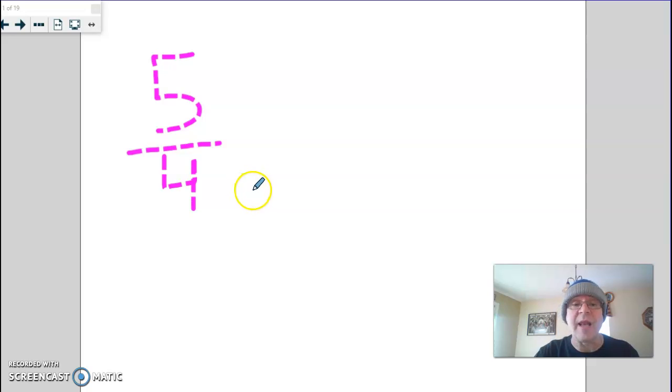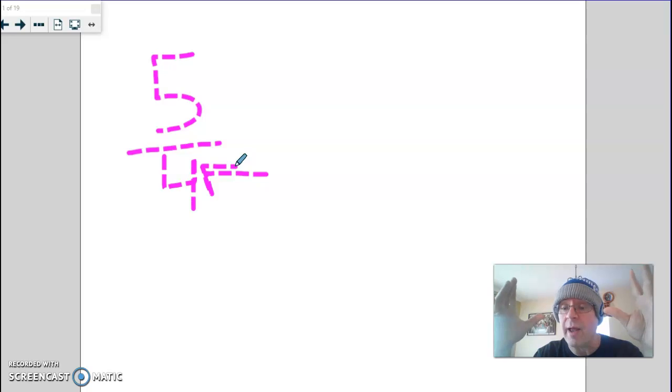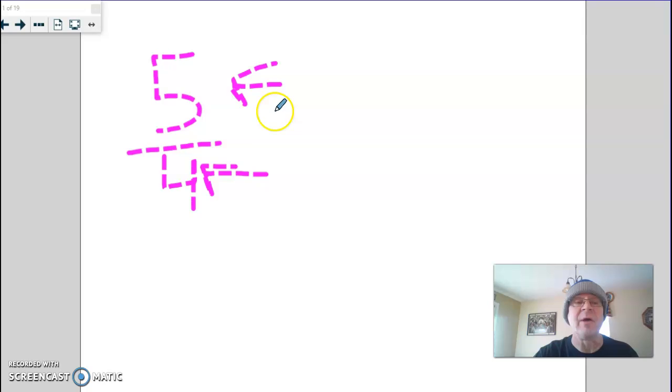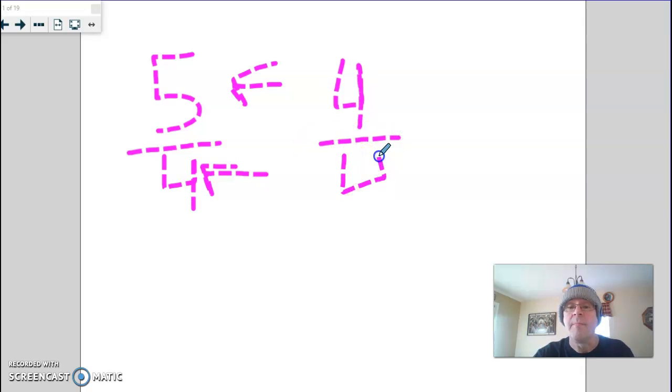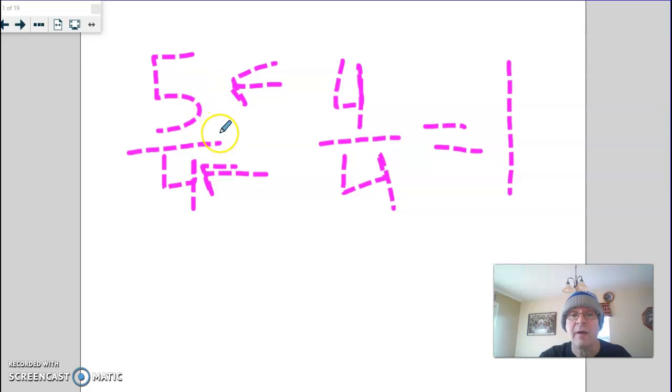Now we know that the denominator shows us how many pieces it takes to make one whole thing, but the numerator tells us how many of those pieces we have. Now check this out. It takes 4 to make up the whole thing, right? But I've got 5 pieces. 4 of the 4 make one whole, but I've got 5 of those, don't I? That tells me I've got more than one whole thing.